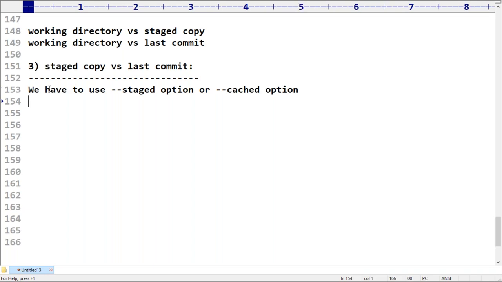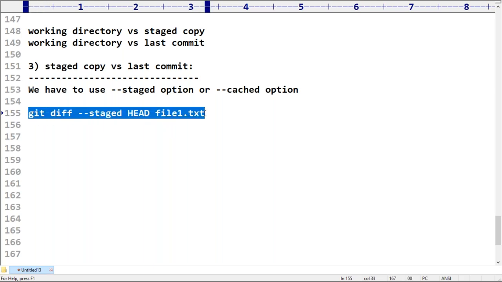Now observe carefully. git diff --staged, you have to compare with the last commit, HEAD file1.txt. Any doubt? Are you feeling comfortable? Yes, friends.